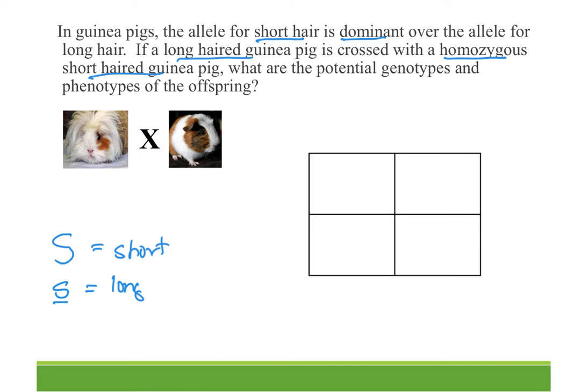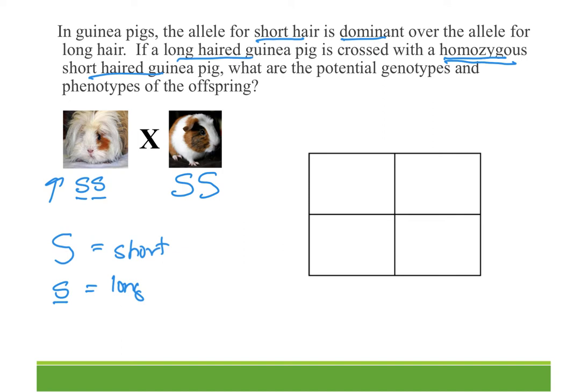So since the long hair allele is recessive, this long-haired guinea pig parent has to be just two small s's. That has to be the genotype of that parent. That is the only way that recessive trait would be expressed. And we know that it's a homozygous short-haired guinea pig, so this one also will have two alleles that are the same. In this case, they're both capital S's.